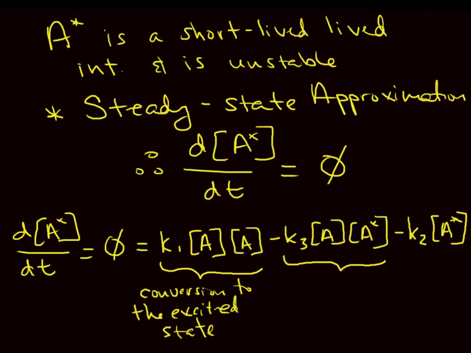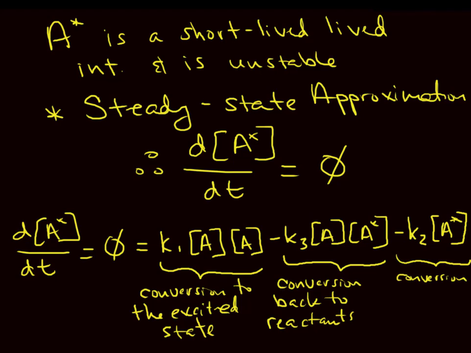Then K sub 3 represents the conversion back to reactants, or what we called our de-excitation. And then we have K sub 2, which is our conversion to products. So now we've set up our equation, and we're going to algebraically rearrange and solve for the concentration of A star.